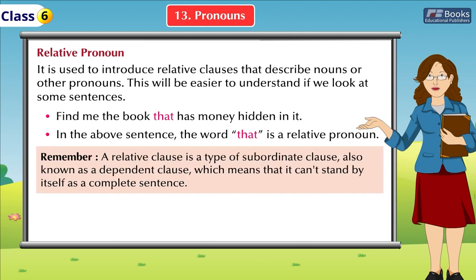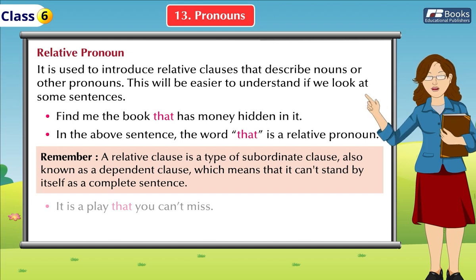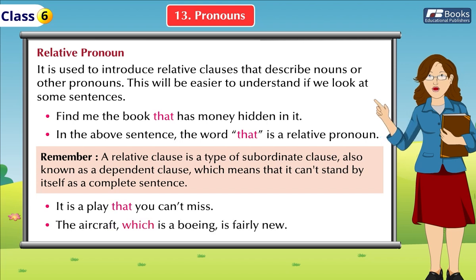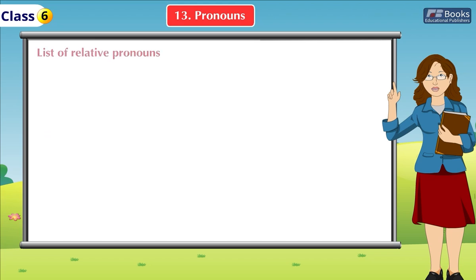Remember, a relative clause is a type of subordinate clause, also known as a dependent clause, which means that it can't stand by itself as a complete sentence. "It is a play that you can't miss." "The aircraft, which is Boeing, is fairly new."